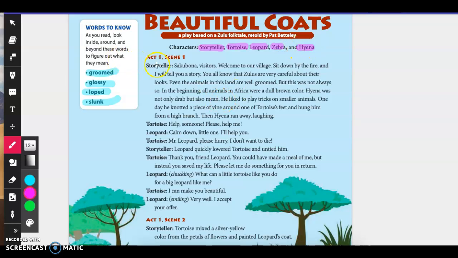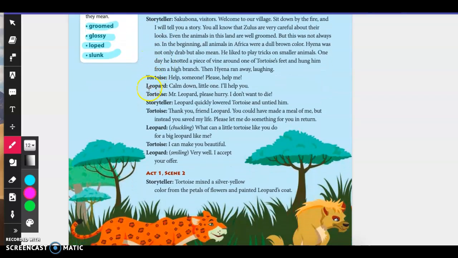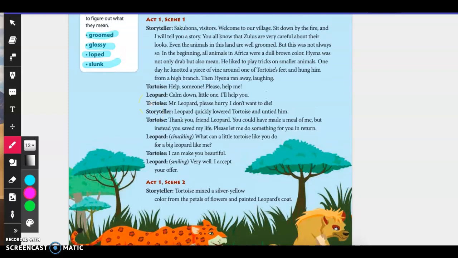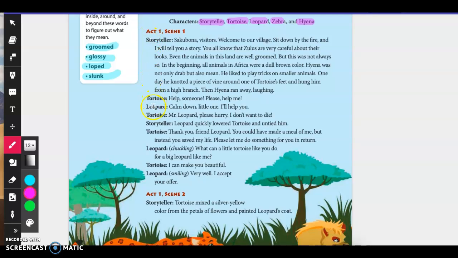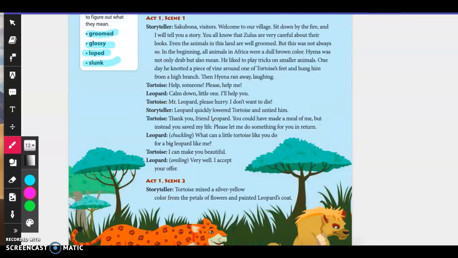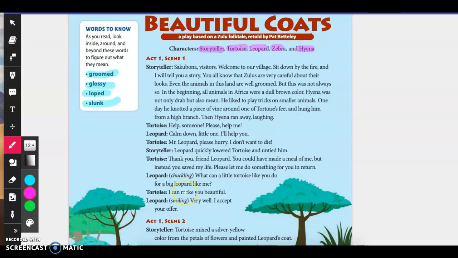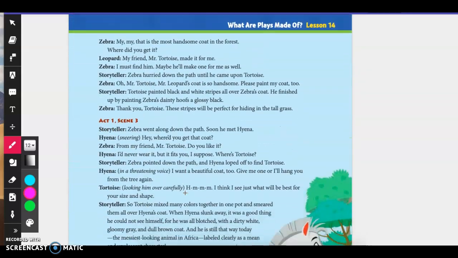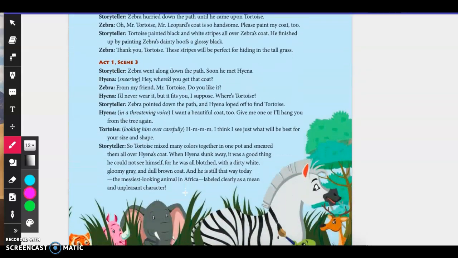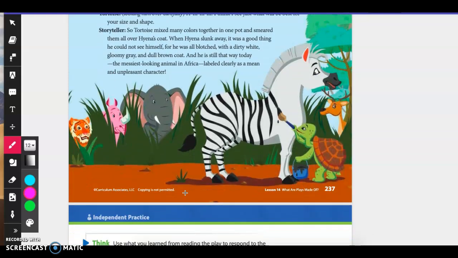So we're going to read starting with the storyteller, and then you can see where the other characters say their part. This is how a scene plays out, or how a play plays out. Each character says their speaking part, which is over here. So you're going to go ahead and read scene 1 and scene 2 and scene 3 of this play. So go ahead and pause your video and read now.